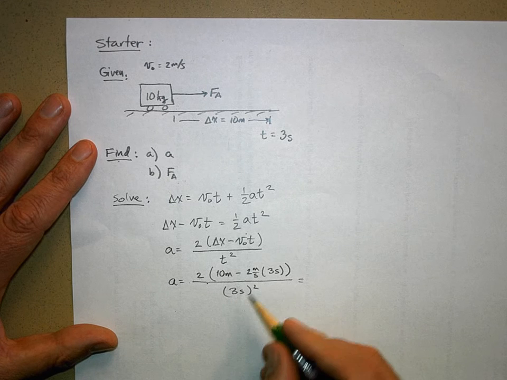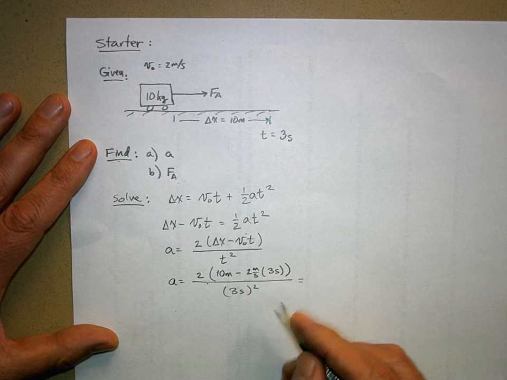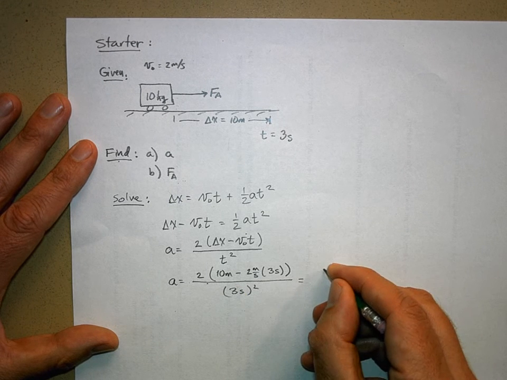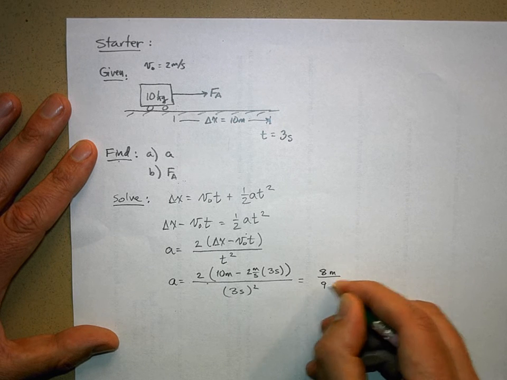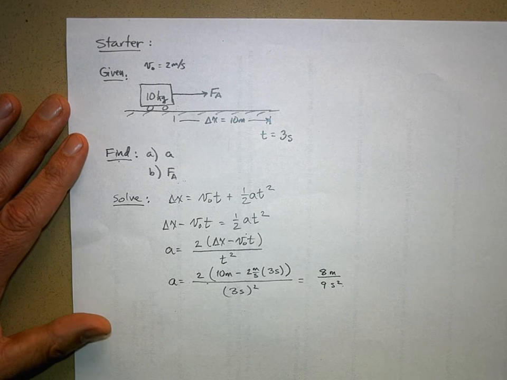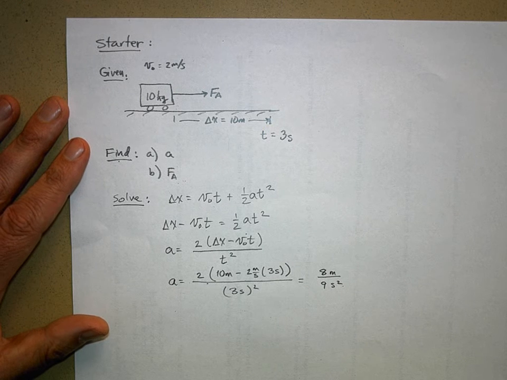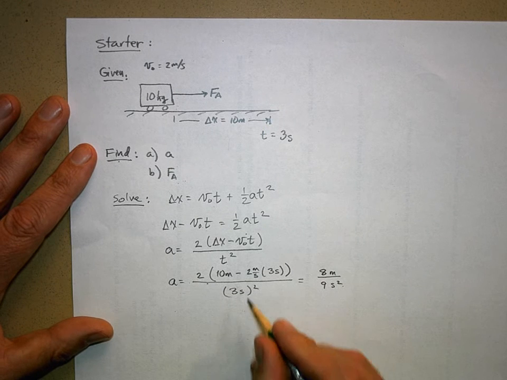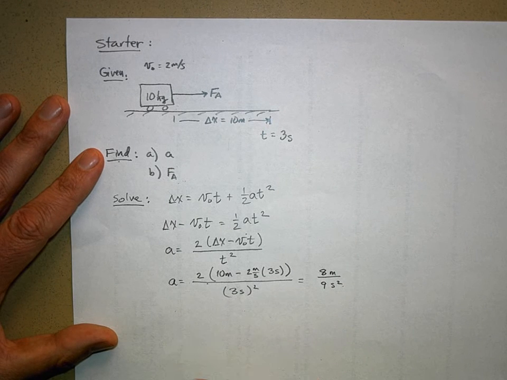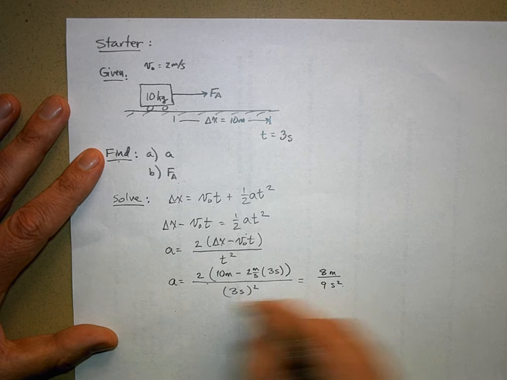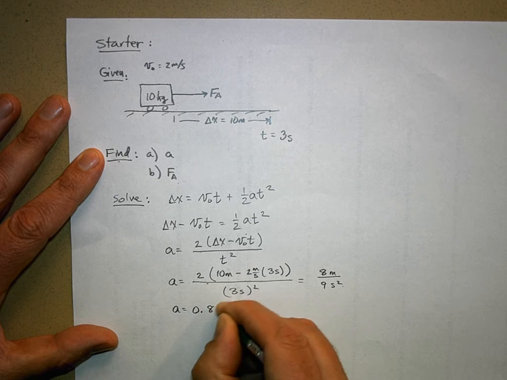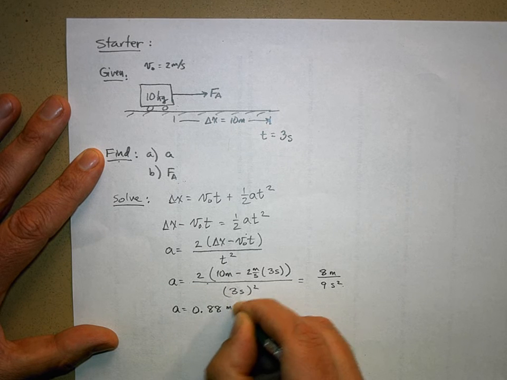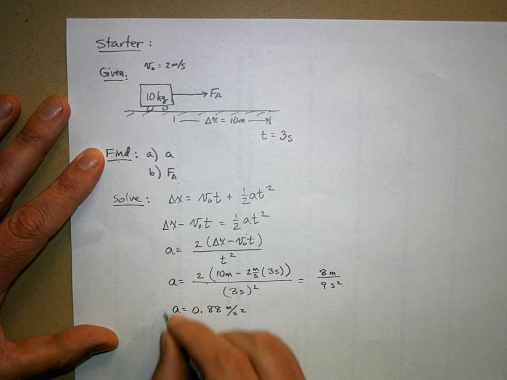This becomes 4. 2 times 4 is 8. So this is 8 meters on the top over 9 seconds squared. And what is 8 divided by 9? Did I do that right? Yeah. 0.88? And that's my answer.